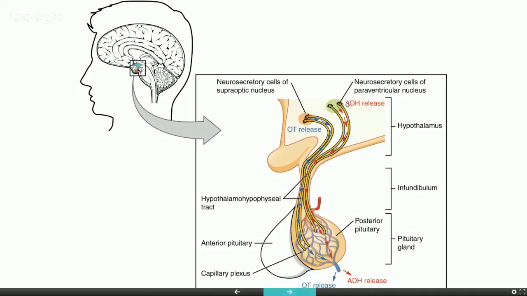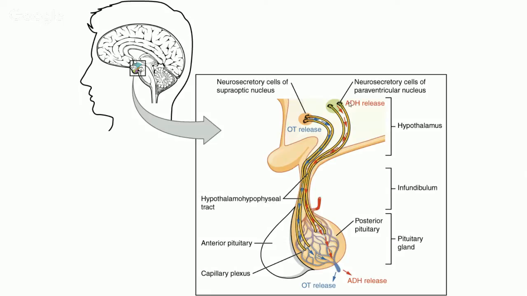Now, these are neurons, but they're referred to as neurosecretory cells to highlight the fact that they are neurons that don't make synapses.